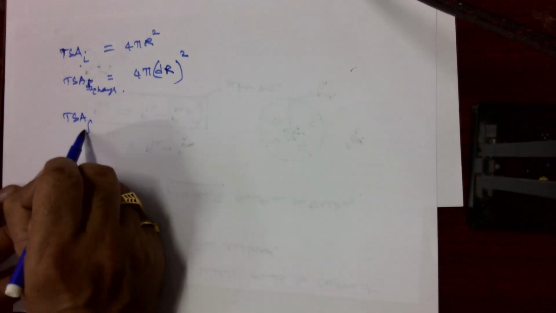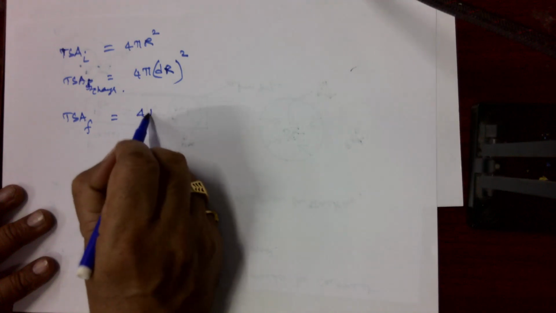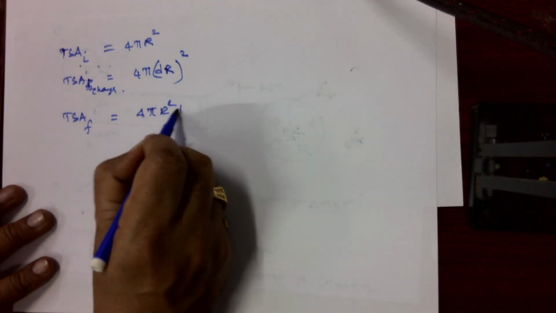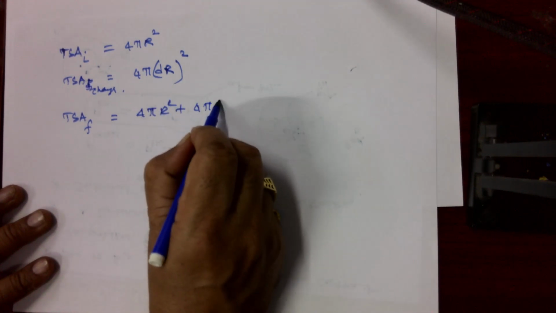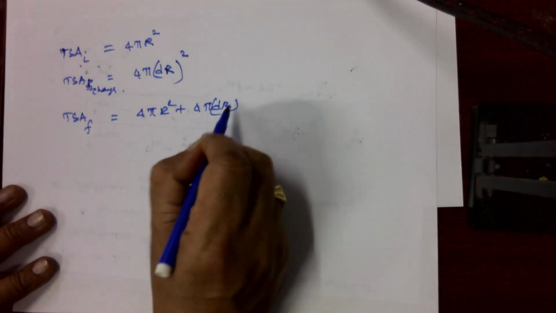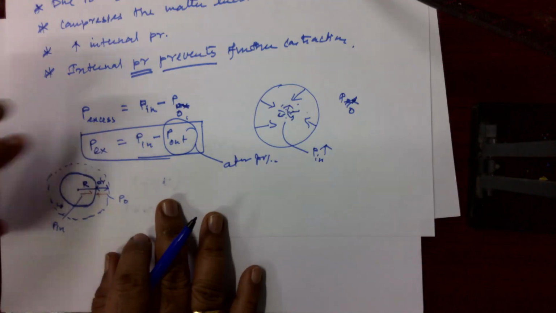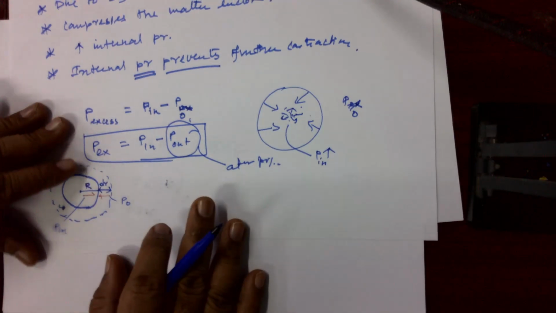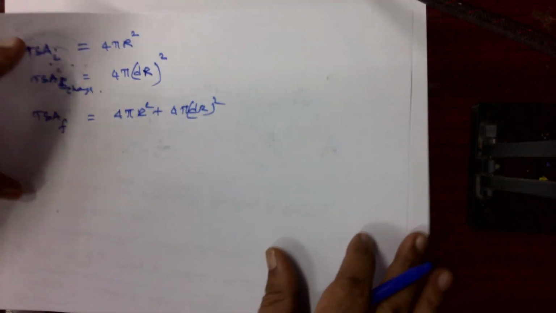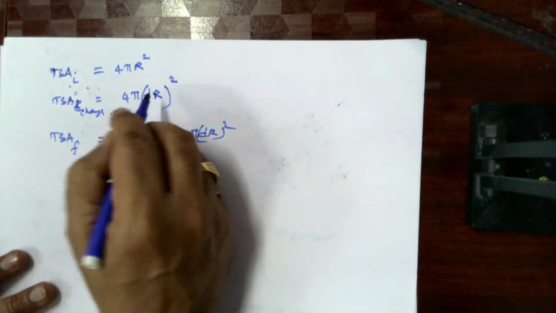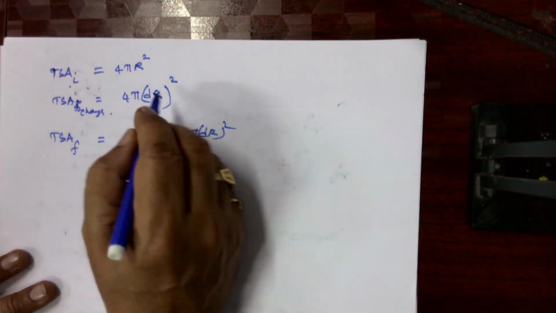So now this is the final one: 4 pi r squared plus 4 pi dr squared. Why? Because look at the diagram here. This is the 4 pi r squared, and the changed one is 4 pi dr squared. So that's why I put plus. So the original r plus dr.